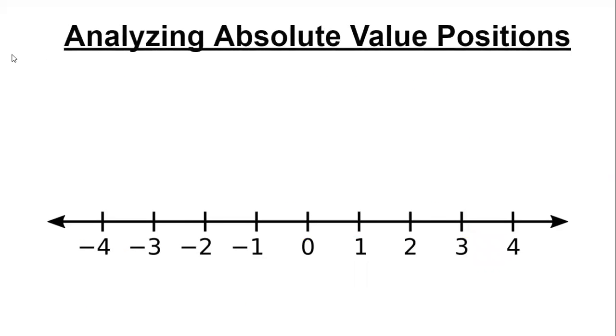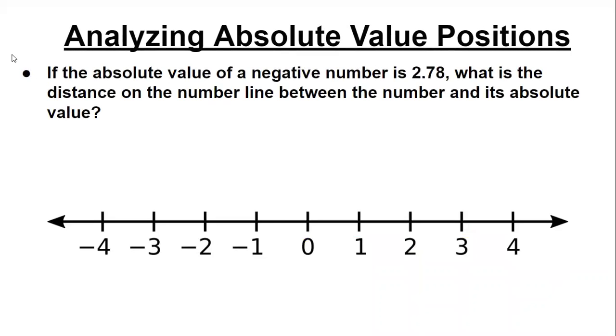Okay. And continue to analyze some positions. If the absolute value of a negative number is 2.78, what is the distance on the number line between the number and its absolute value? What is that question asking us?